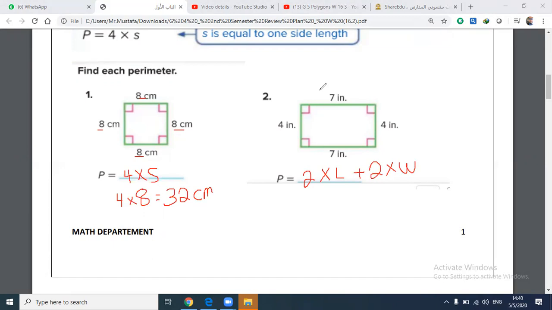For example, I can consider this one is length and that one is width. As you like, you can make this length and the other one width. Never mind. Now I can find the perimeter by multiplying the length by 2. Length is 7, so 2 times 7.